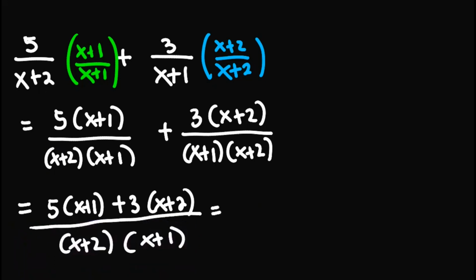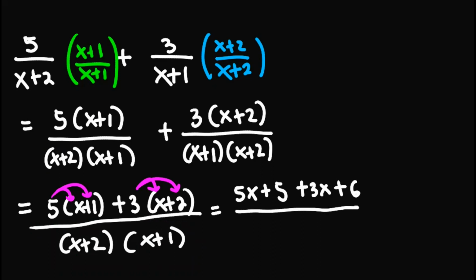Simplifying this, multiplying the 5 out here and the 3 out here, we'll obtain 5x plus 5 plus 3x plus 6 all over x plus 2 times x plus 1.